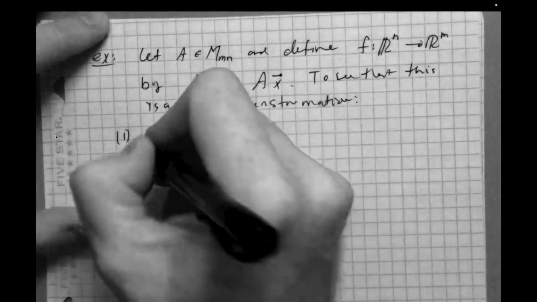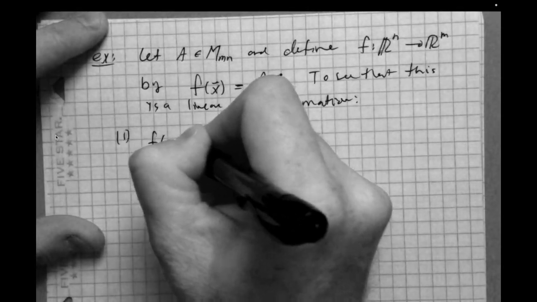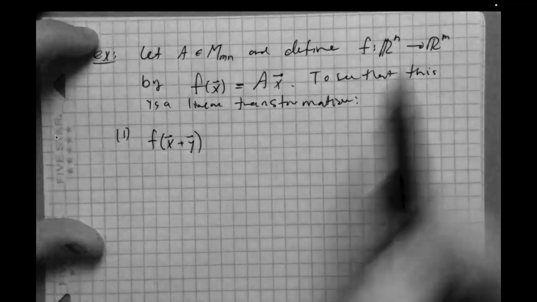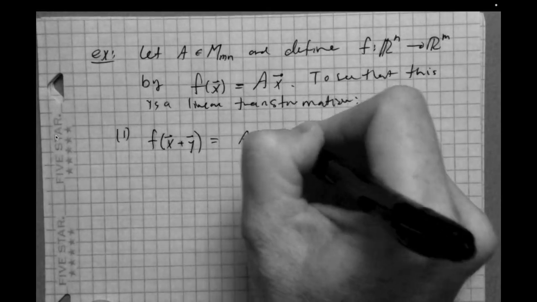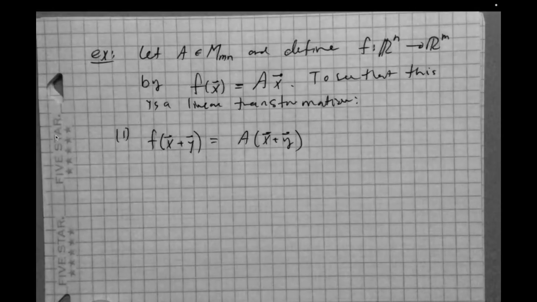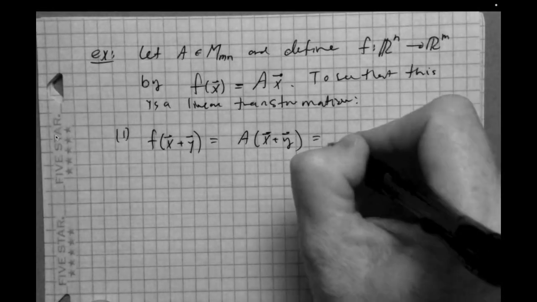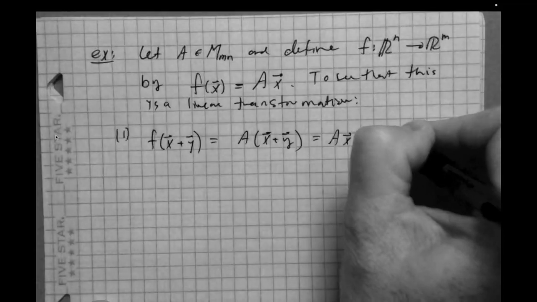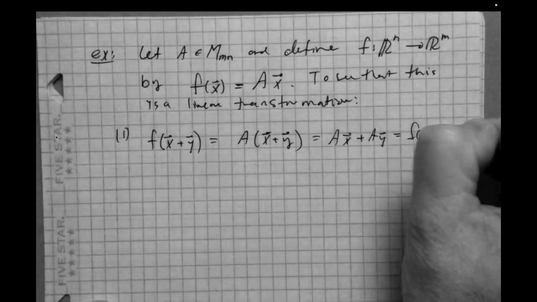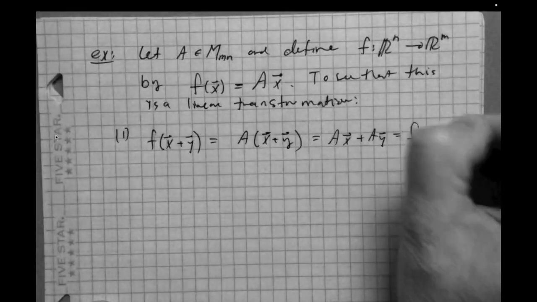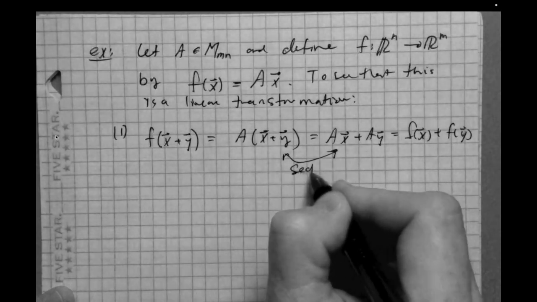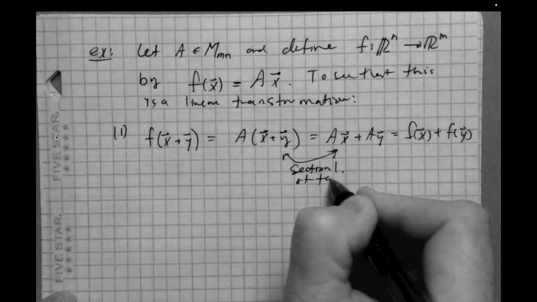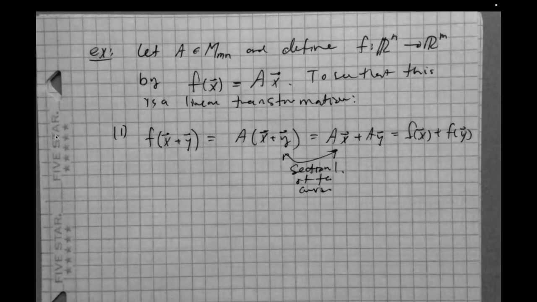This will be just like what we talked about before, but in general. If I start with f of x plus y, where x and y are vectors in Rn, then that's just equal to A times x plus y. For the same reasons we just discussed, this is A times x plus A times y, and so this is f of x plus f of y. This is section 1 of the course, where we learned about matrix multiplication.